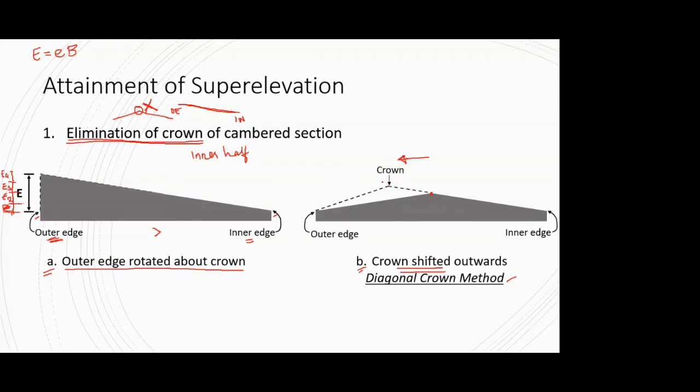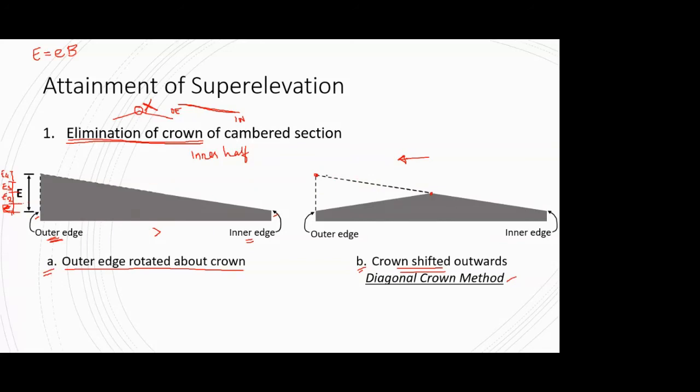Now I'll go on doing this process of shifting this crown until I have attained this kind of figure, which you are seeing on the left side. So until I attain this kind of cross section, I'll go on shifting the crown. The next thing will be, again I am shifting this crown over here. Again I am shifting this crown, and at this moment the crown has been eliminated, and this is the new outer edge that you have.